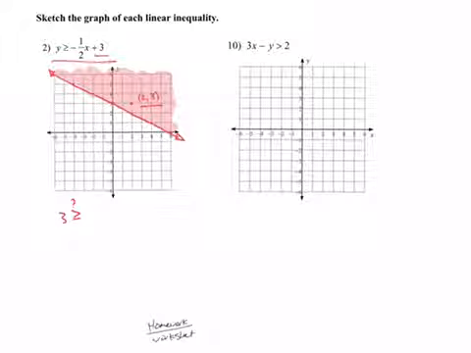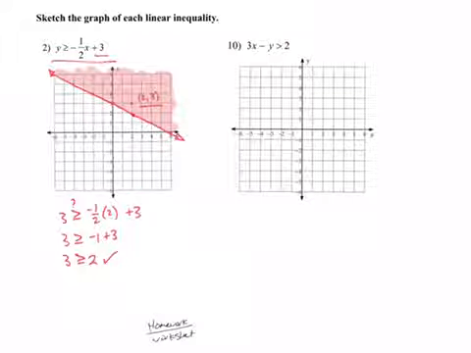Is 3 really greater than or equal to negative 1/2 times 2 plus 3? So is 3 bigger than or equal to negative 1 plus 3? Is 3 really bigger than or equal to 2? Well, yes, that comes out to be true. And in fact, any point in the shaded region or on this line will make that equation true.